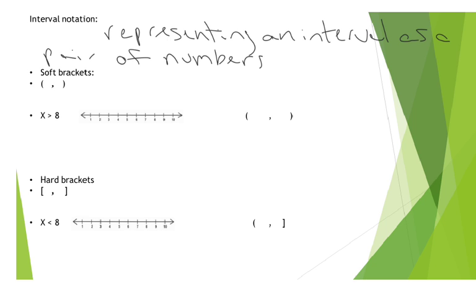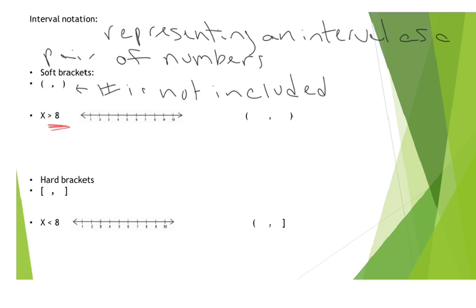There's a couple ways that you can show this. So one way is using soft brackets, which is what we have here, which are like parentheses. You use this when some number is not included.